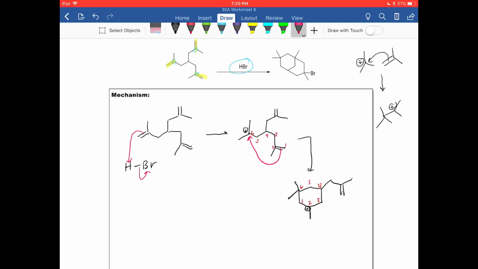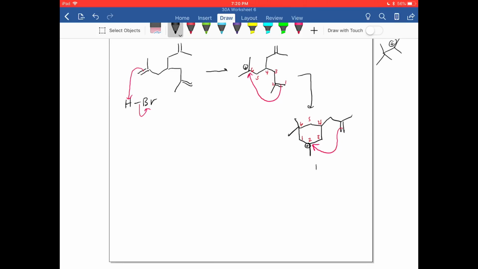So now what I can do is I can form yet another ring structure by reacting my remaining pi bond with the carbocation carbon at the 2 position. So now when I wrap that around, I'm forming another 6-membered ring. And so now I can draw this out.